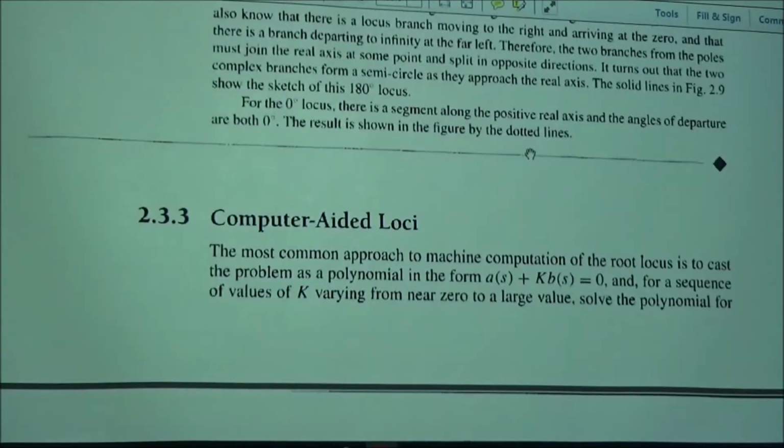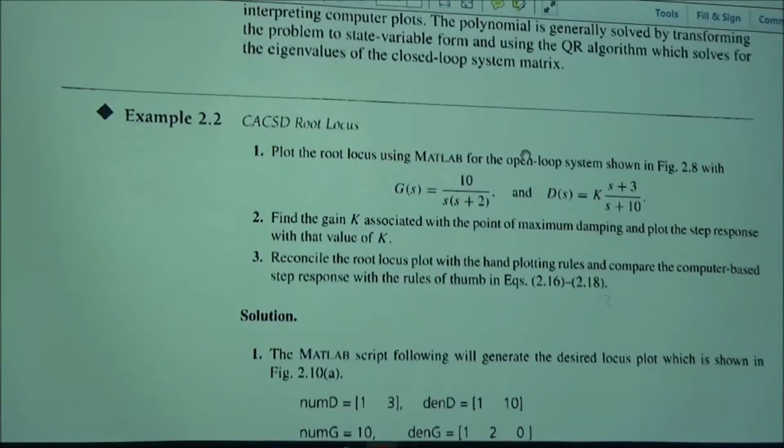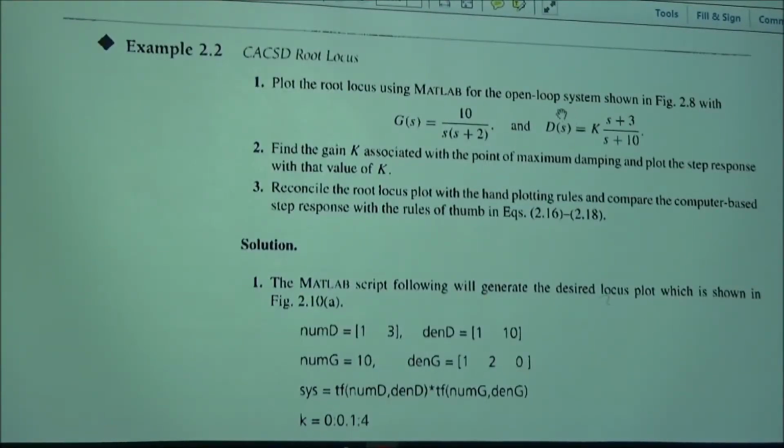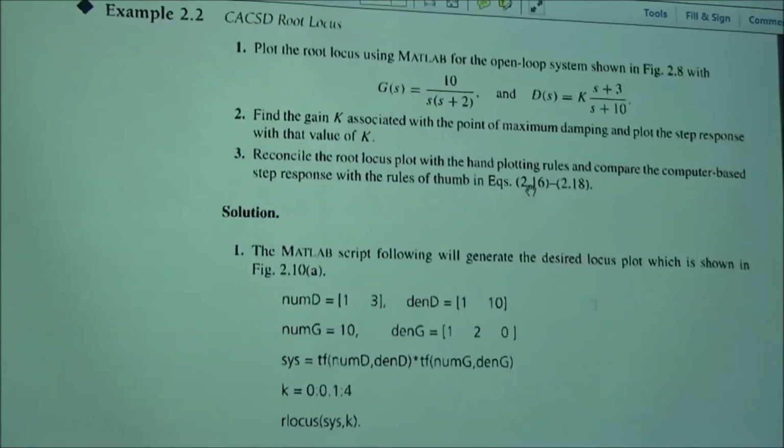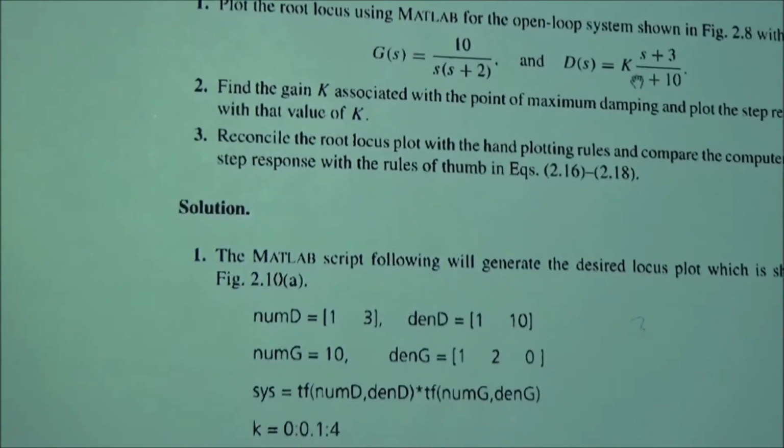So again, you use root locus if, let's say, you have a plant, a second order plant like a DC motor, and you have a control architecture which may be a lead network. You define your numerator of the D, which is 1 and 3, and denominator 1 and 10.